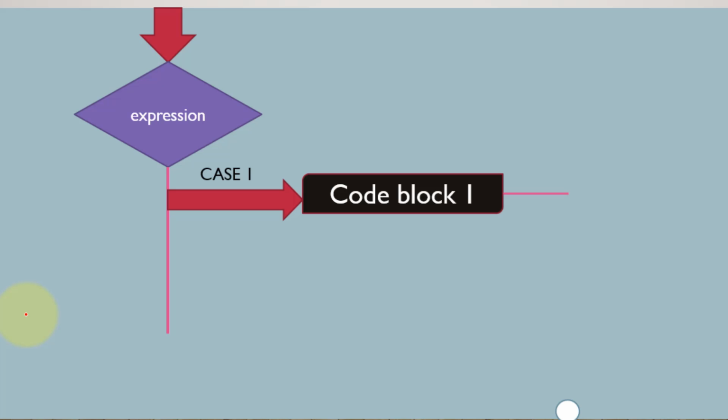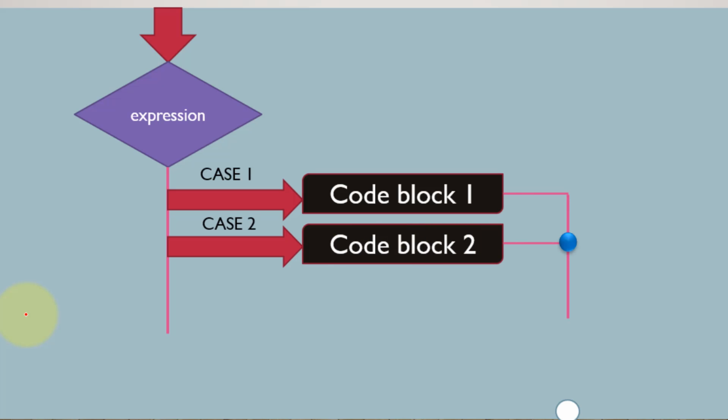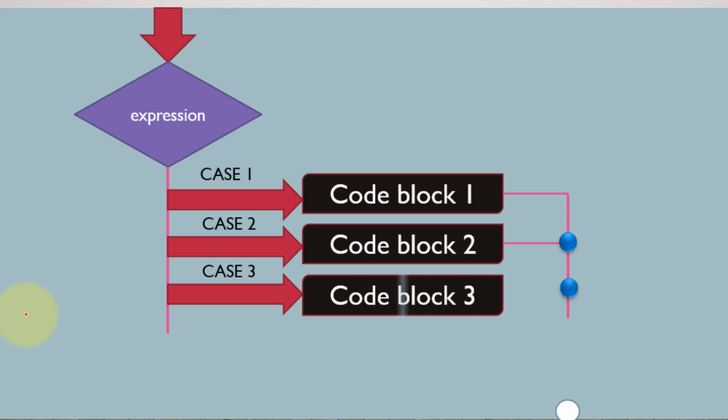However, if it's not, then it moves on to case 2. If the result is still not the same, then we proceed to case 3 and perform what is inside code block 3. And if there is a break, then it will stop there.